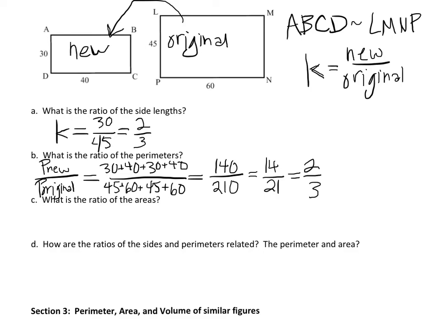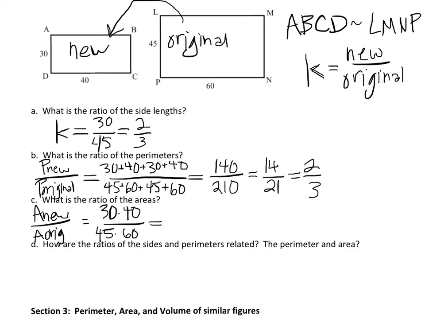But we're going to notice something a little different when we look at the ratio of the areas. So once again, I'm going to do the area of the new over area of the original. And I know that area equals length times width. So area of the new would be 30 times 40. And the area of the original would be 45 times 60.